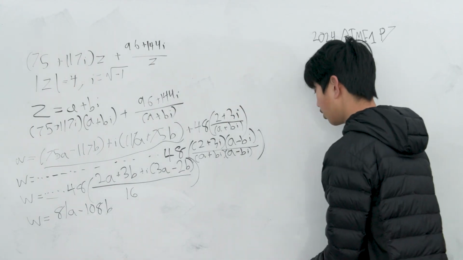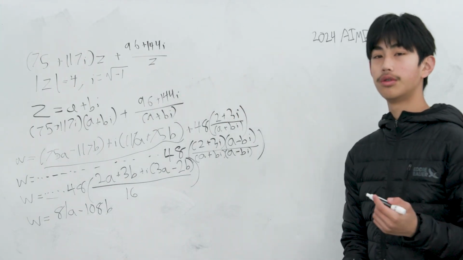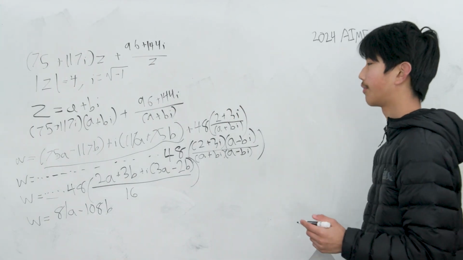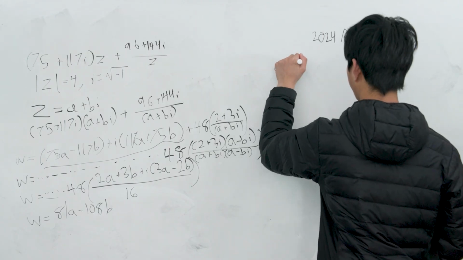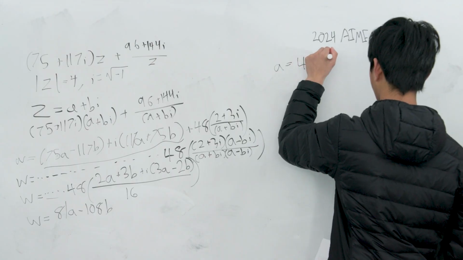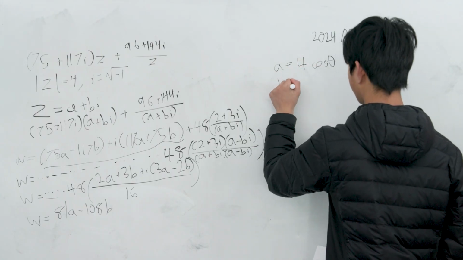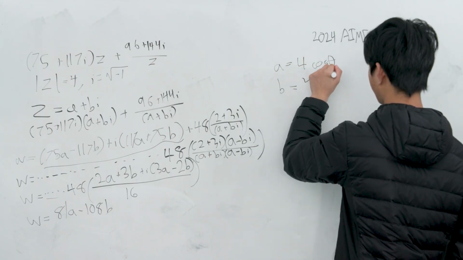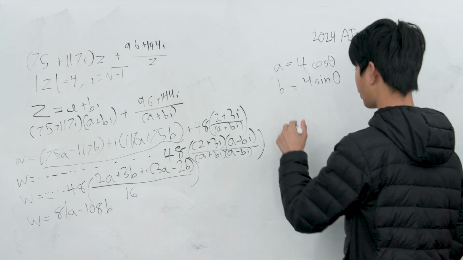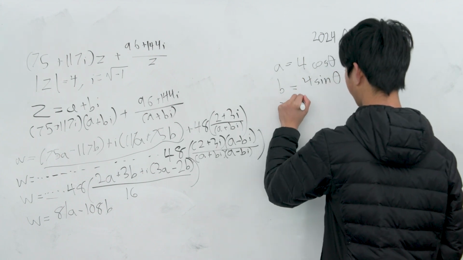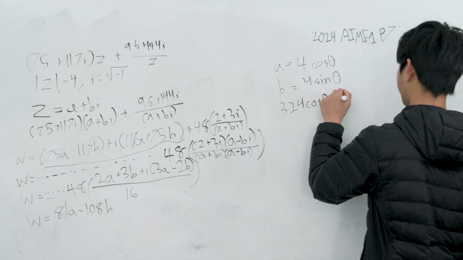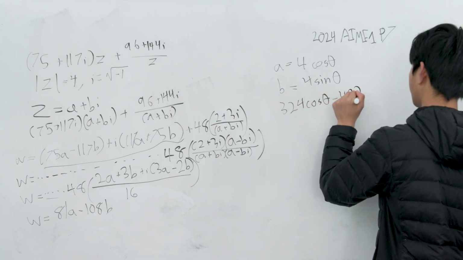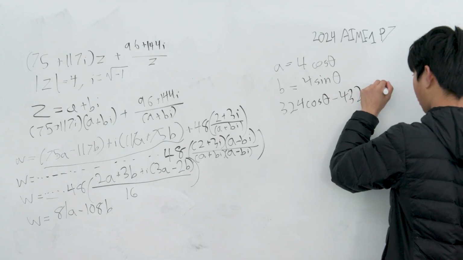Now here, we can use sine and cosine for this. We let a be equal to 4 cosine theta and b equal to 4 sine theta. Then the equation becomes 324 cosine theta minus 432 sine theta.